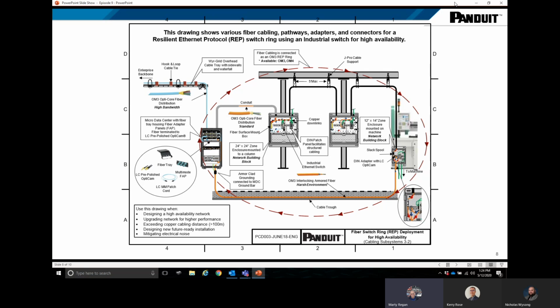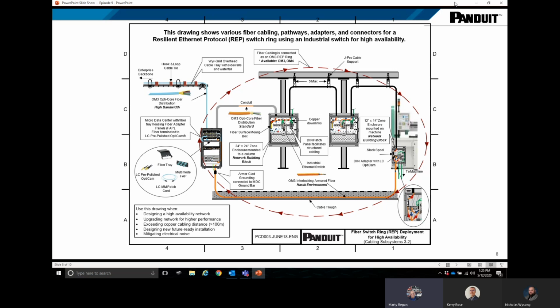But in this slide, looking left to right, we're distributing various fiber types from the enterprise space to a micro data center and 3 industrial network zone enclosures in a switch ring topology. At the top left, wire grid cable tray is supporting OM3 high bandwidth distribution fiber secured with hook and loop cable ties. Side walls and waterfalls support bend radius and the turn down to the micro data center.